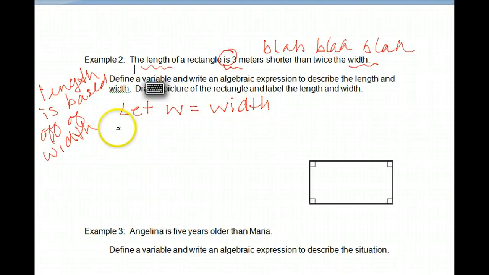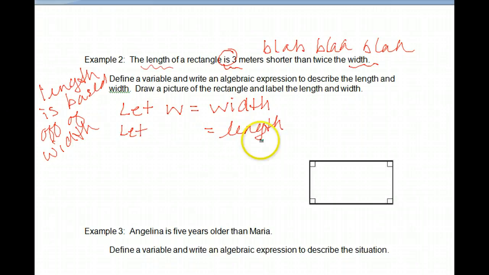And now I'm going to start to write a let statement for my length. But remember, you have to write it in terms of your width. So now we're going to go back to that original sentence. And it says that it's 3 shorter than twice the width. So we're going to start there.